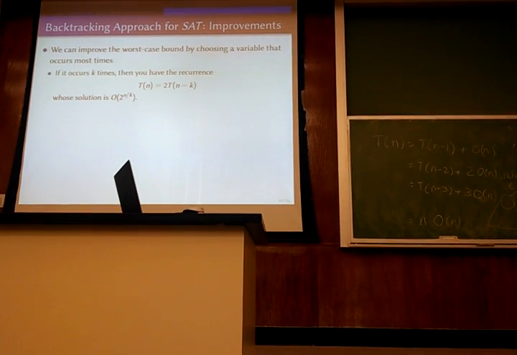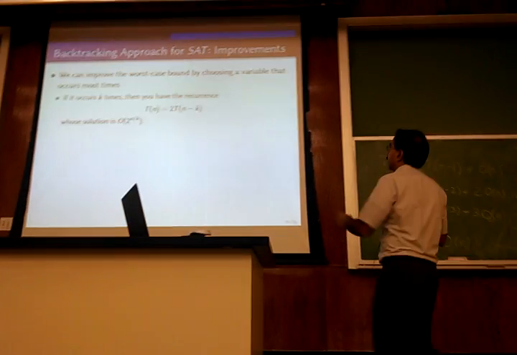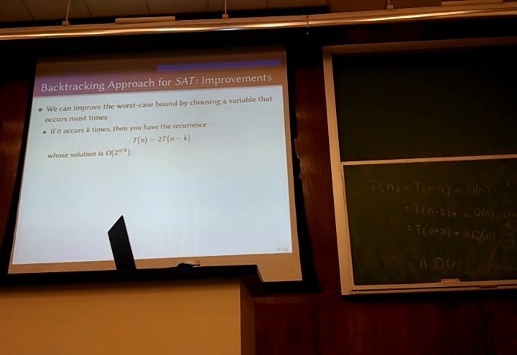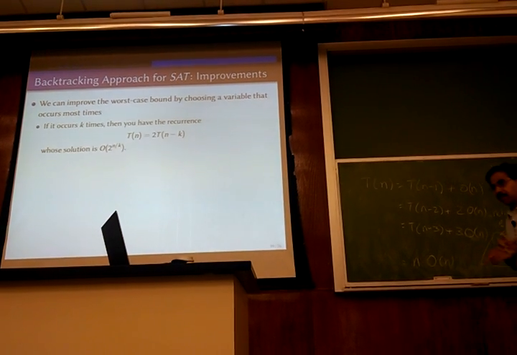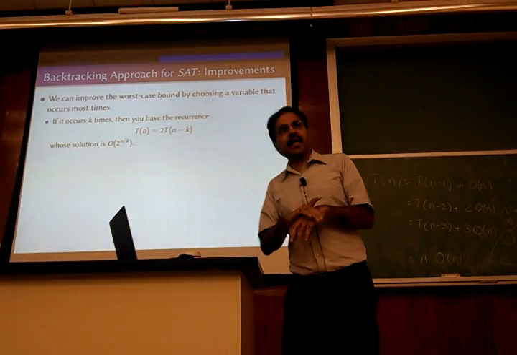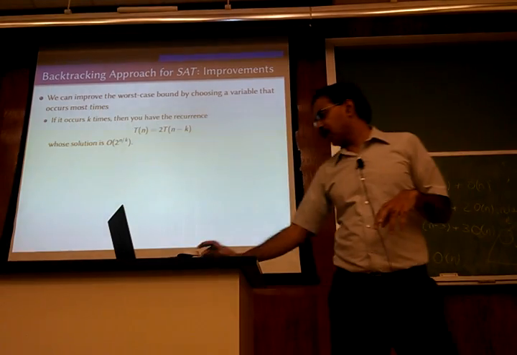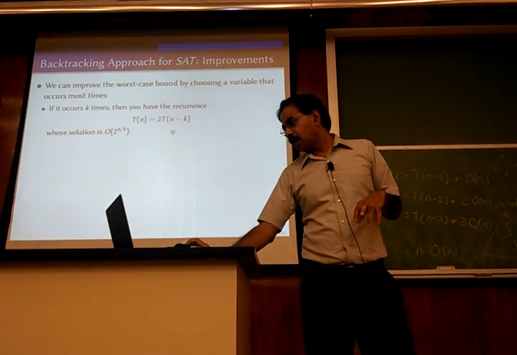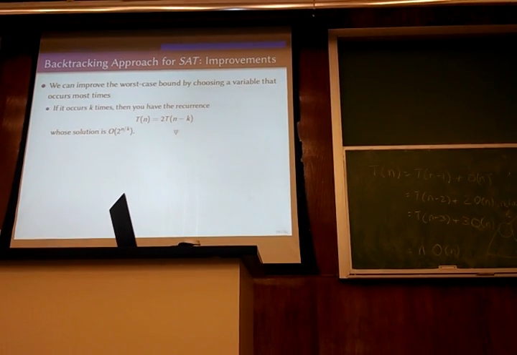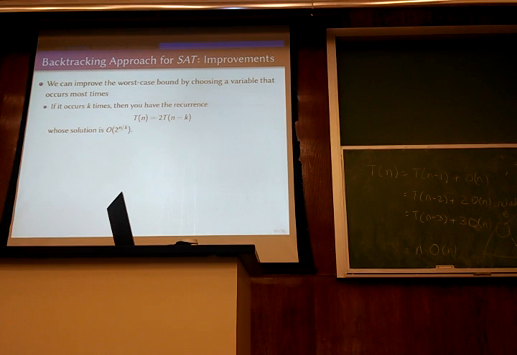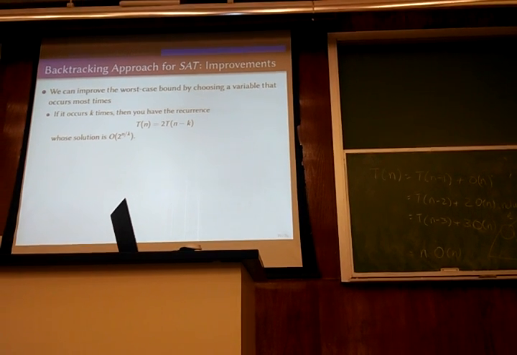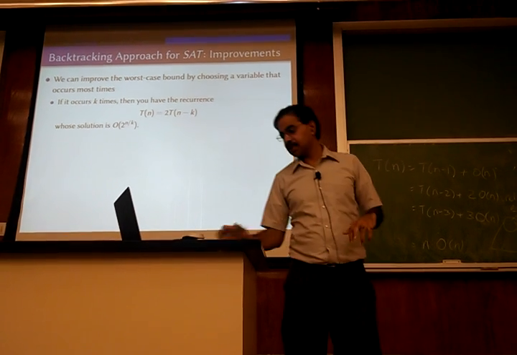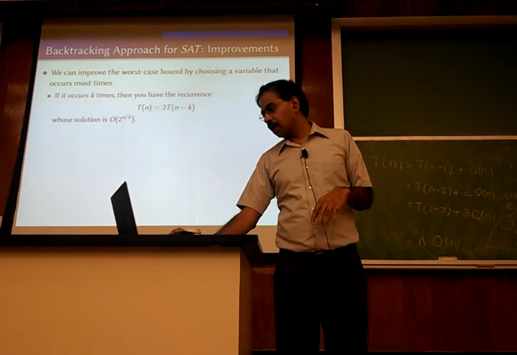If I count the size of the formula as n, then by picking a variable that occurs many times, if the variable occurs k times, I will be left with a subproblem which is order of n minus k. So clearly that seems to achieve more of a reduction in problem size than using a variable that occurs fewer times.